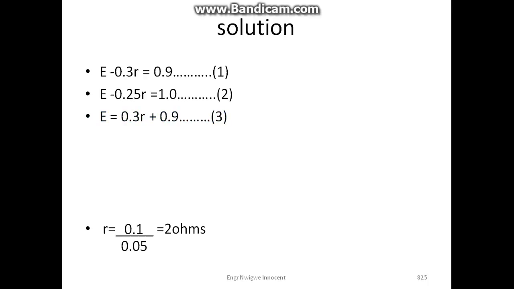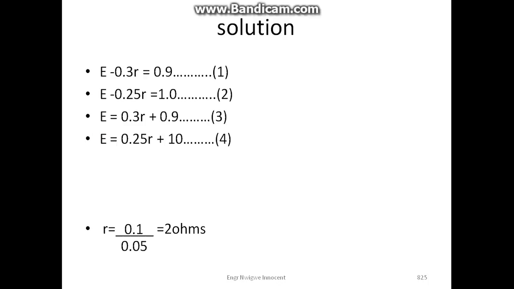Making capital E the subject of the formula for equations 1 and 2, for equation 1 it becomes E equals 0.3r plus 0.9. This will be our equation 3. Then for equation 2, capital E equals 0.25 times small r plus 1.0.